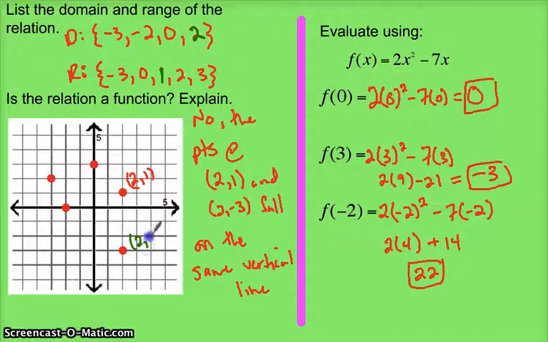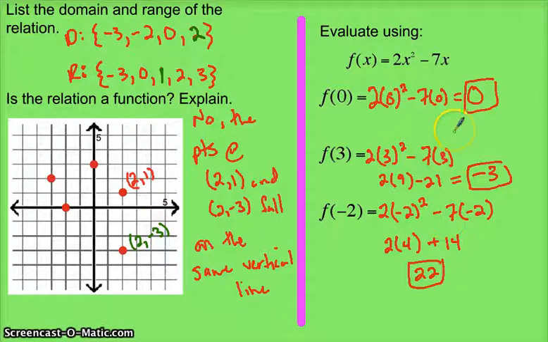The point (2, -3) means that the number 2 only needs to be in the domain once. Whereas the range, there are 5 different y values. Those 2 points also are the reason why this is not going to be a function, because those 2 points fall on the same vertical line, or for that one input, they have 2 different outputs. So not going to be a function.